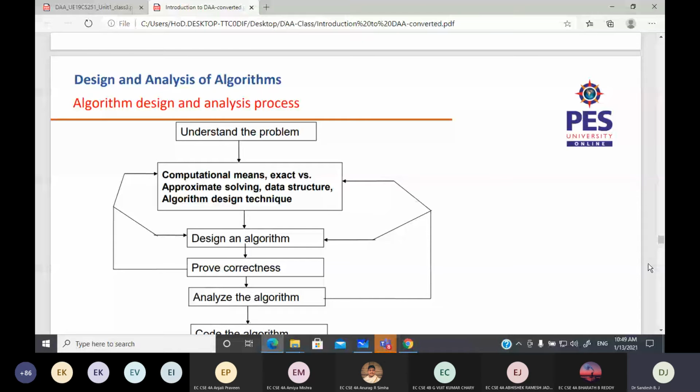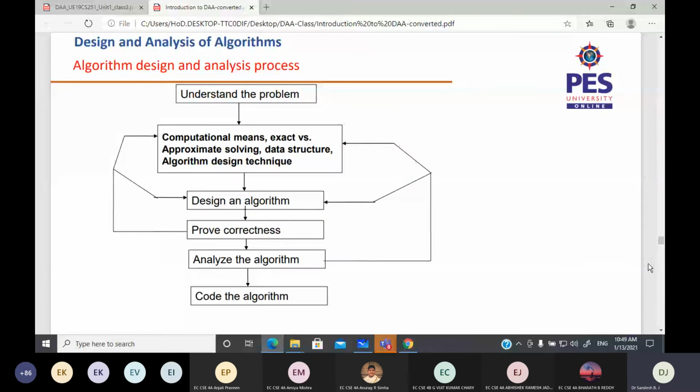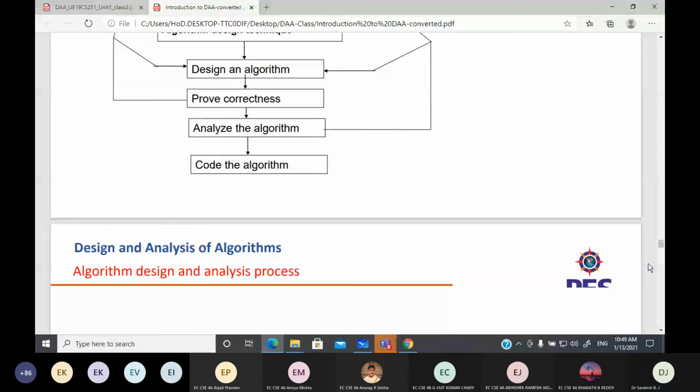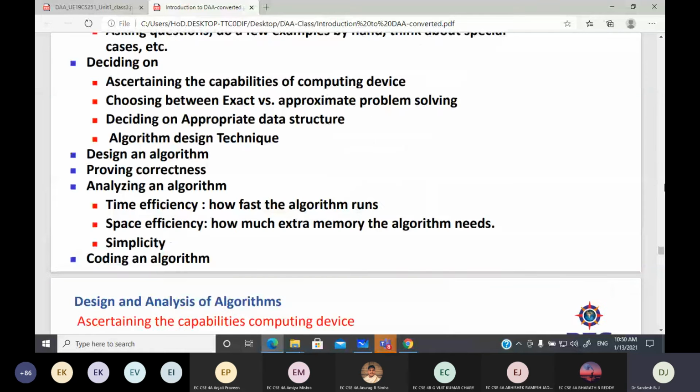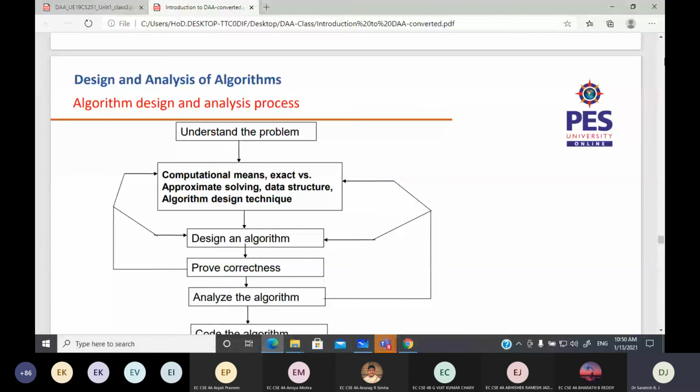Once you have confirmed that it's an efficient algorithm from the pool of available algorithms which you have developed, then you are going to code the algorithm. So this is the algorithm design and analysis process which you are going to do for every algorithm in this course.